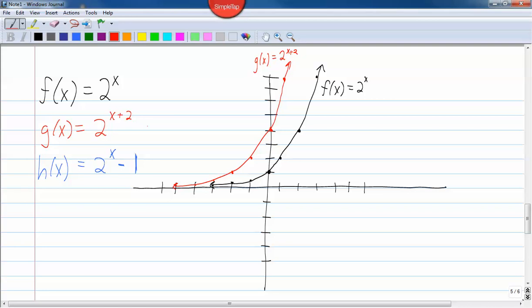Okay. Can also graph h pretty quick. If I take my graph f of x equals 2 to the x, this graph, then I can shift it, since it's minus 1 from the exponential, you shift it down 1 unit. So from this black graph here, every point just shift it down 1 unit.